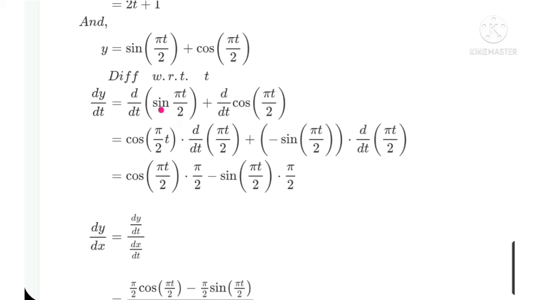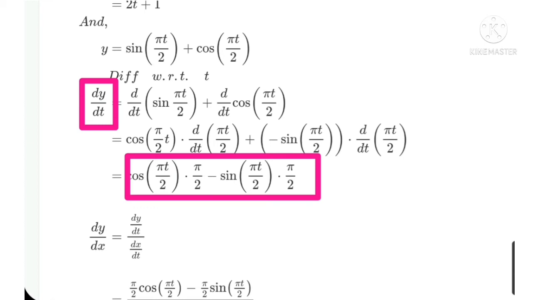Derivative of sin is cos, and again derivative of pi t upon 2, and derivative of cos is minus sin pi t upon 2 into again derivative of pi t upon 2. What is the derivative of pi t upon 2? Pi by 2, and here also pi by 2. So we get dy by dt is equal to cos pi t upon 2 into pi by 2 minus sin pi t upon 2 into pi by 2.